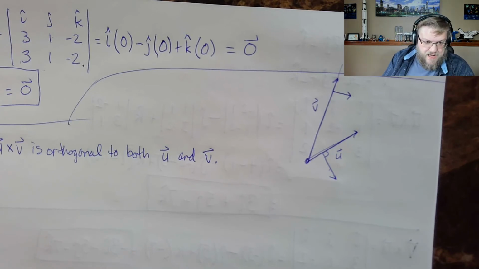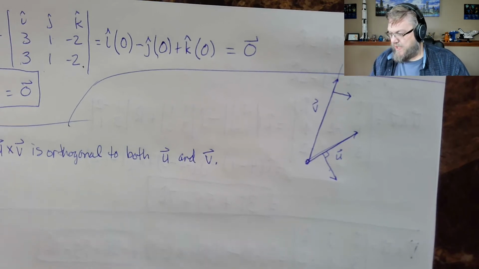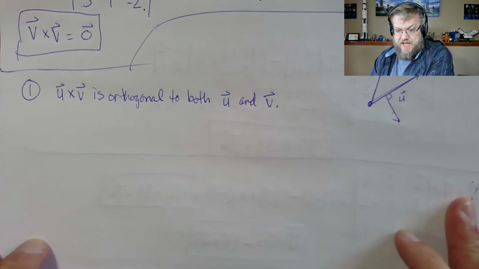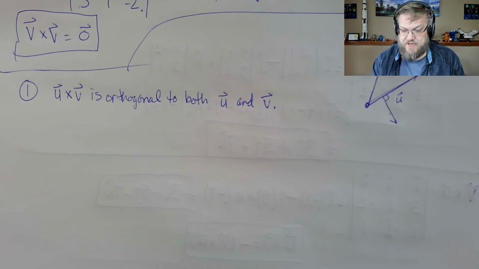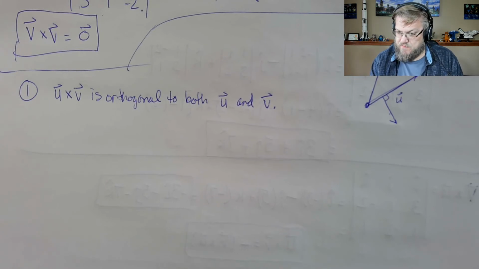Okay. Let's see here. Now, how do I know that? How do I know that that's true? Well, I'll do one little argument. Do we have a way to test whether two vectors are orthogonal to one another? We do, don't we? Isn't that the dot product? We did this last time.